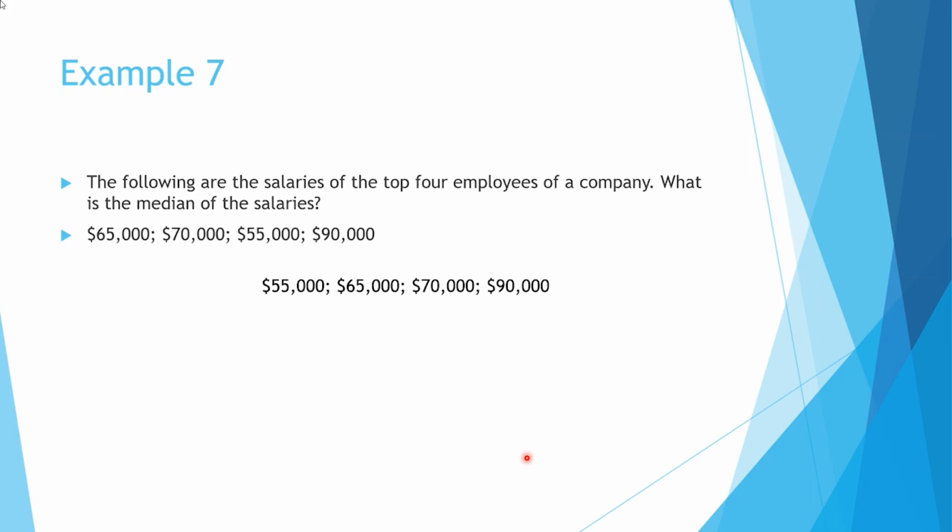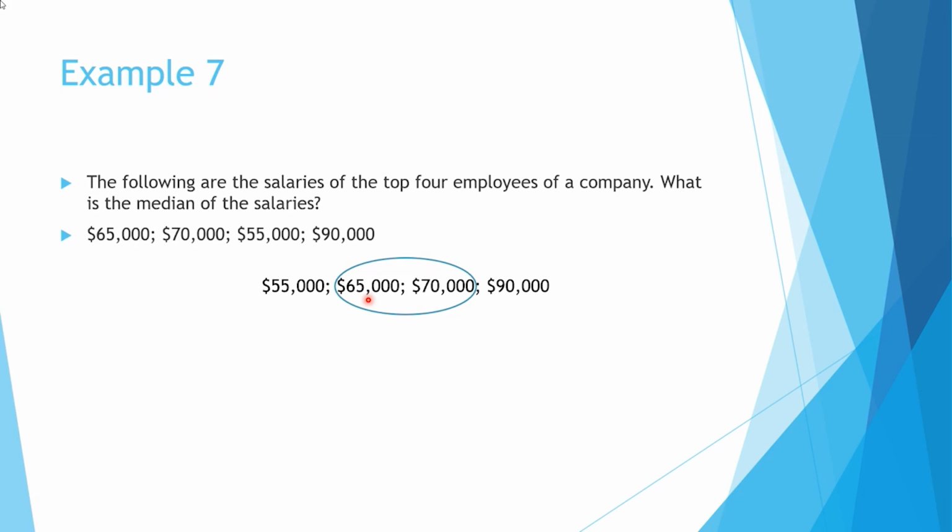And then since it's an even number, there's 4 of them, you're going to take the average of the middle 2, which is 65,000 and 70,000. You can calculate where the median is at by taking the number of items and dividing it by 2, and if it's even, it's going to land on a number, like here 2, and then you would use the 3rd one.